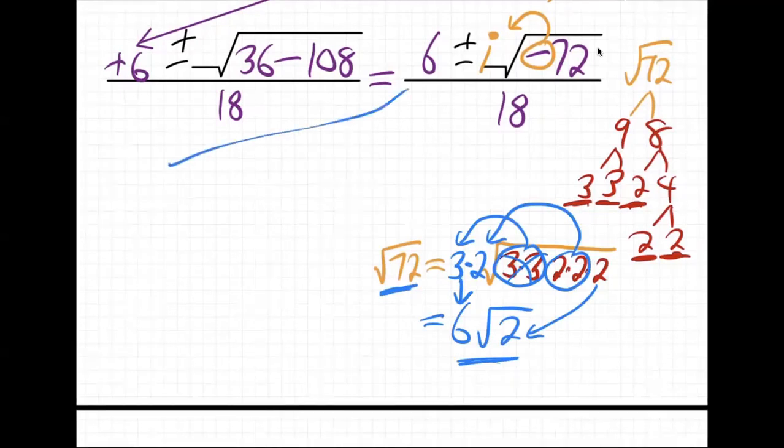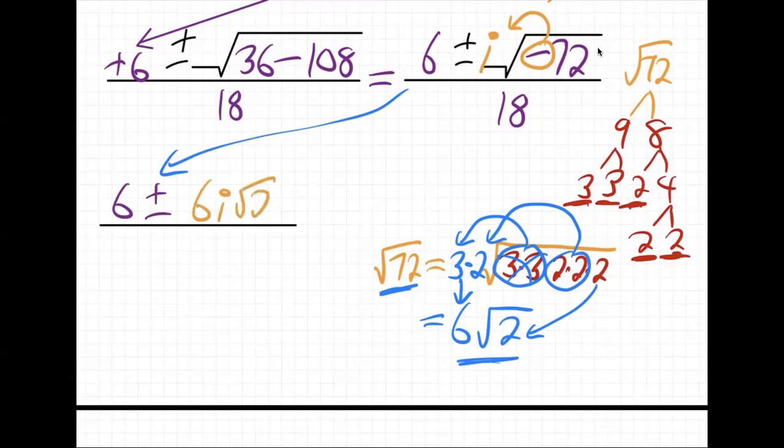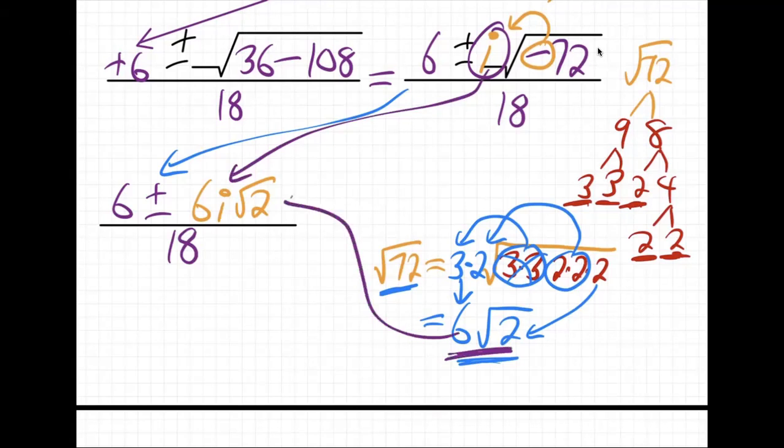So this becomes 6 plus or minus 6i root 2 over 18, because we have the i that already was outside, and the 6 root 2 is there also. That's the breakdown of the 72.